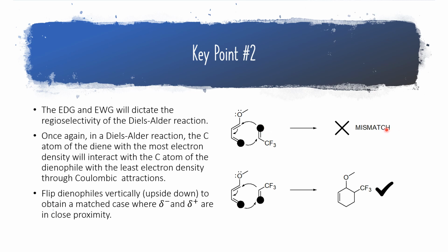But here there is a mismatch because the one with the most electron density on the diene is not in close proximity with the dienophile's least electron dense carbon. They are diagonal from each other. They should be next to each other. So here we just flip this molecule, the dienophile, and now they're in close proximity and a Diels-Alder reaction can now take place.